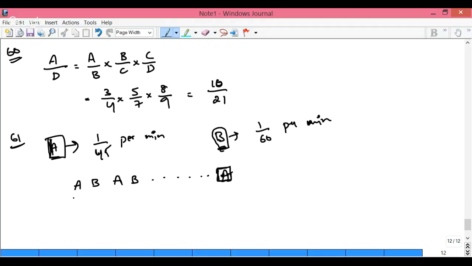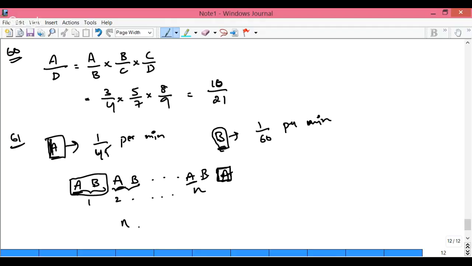Now we have to find out how many units of work are done. Consider AB as one unit. We have to check how many units of AB are taken. Let us consider first, second, and so on up to n units. Now what will be the work of tap A?